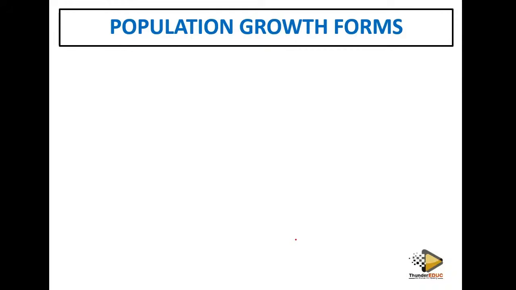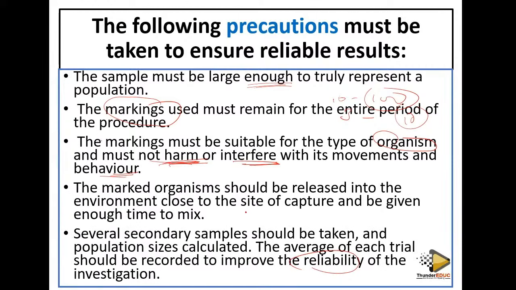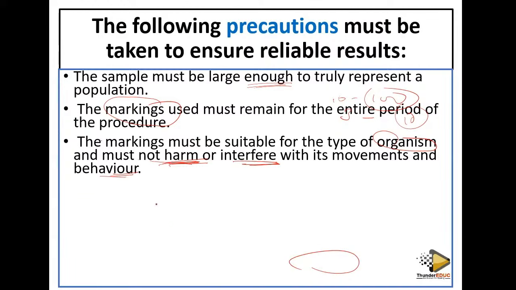So, population growth forms. What are some of the population growth forms? Before I go to the population growth forms, there is another method called the quadrat. This one is very simple. A quadrat is like maybe you are using the quadrat to count the number of plants. What you do is to hold this and then you throw it randomly. It's going to cover some plants.